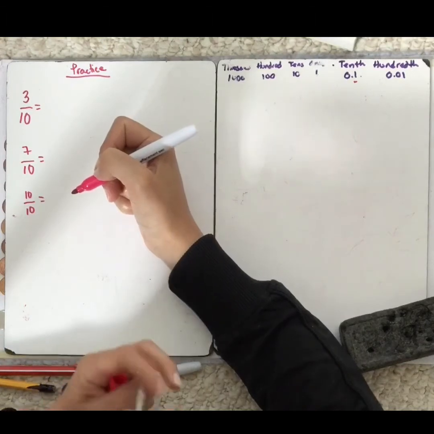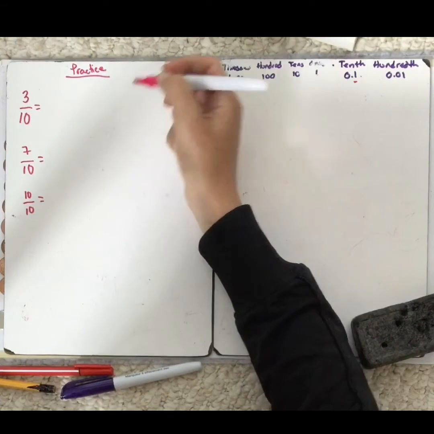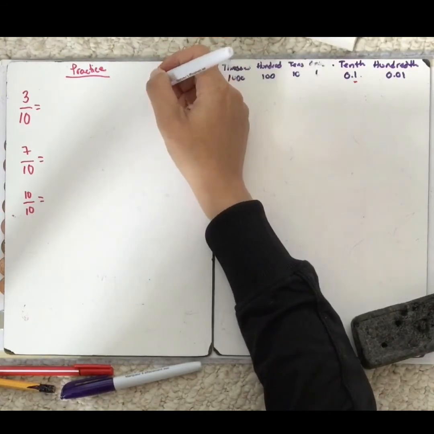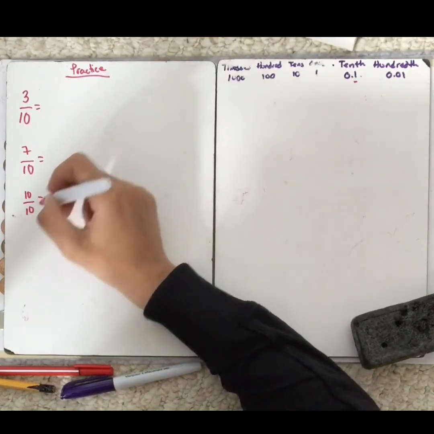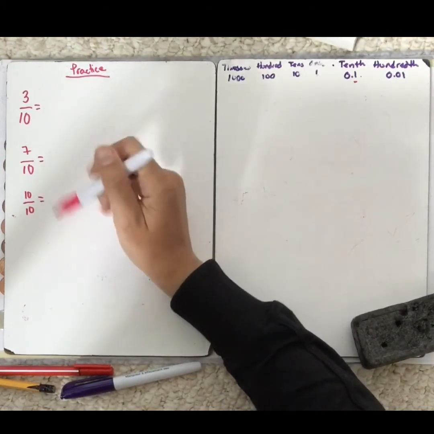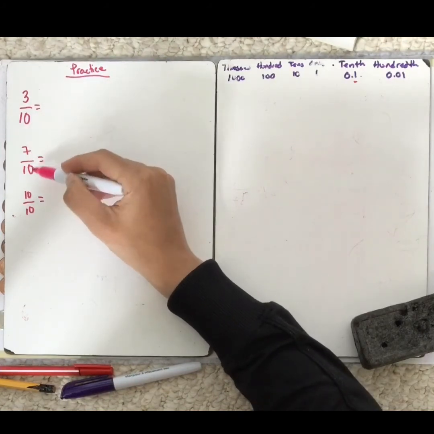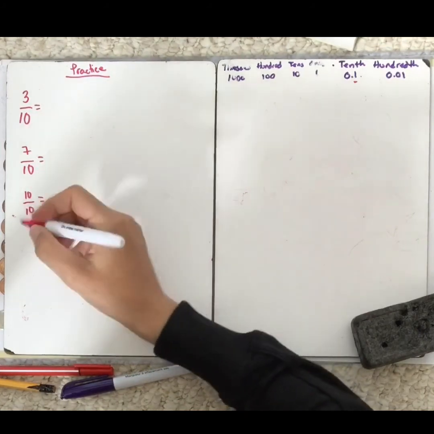All right, so now let's do some practicing. On a piece of paper, or if you want to use the math extension, Equatio, and do it on a Google Doc, that's fine, but this is what you're going to submit in the Google form. So what is the decimal for 3/10, 7/10, 10/10?